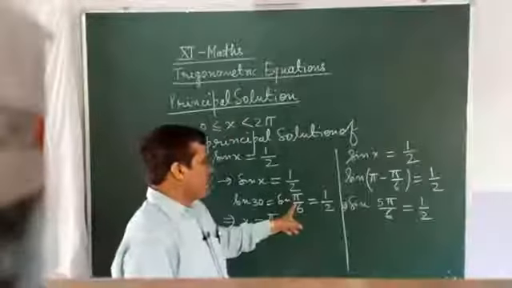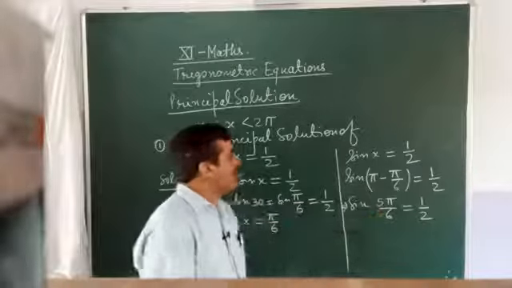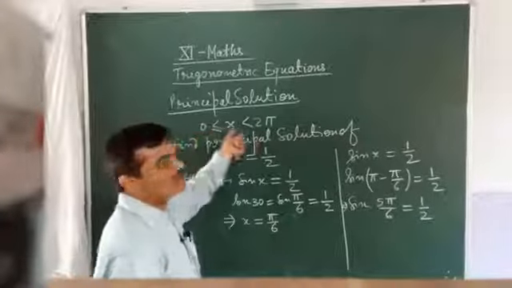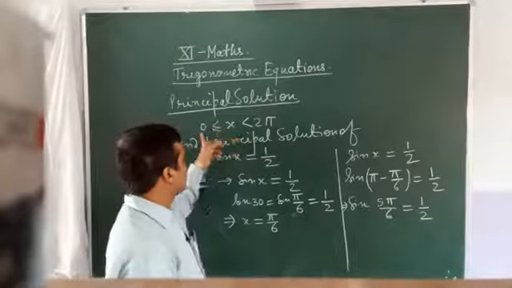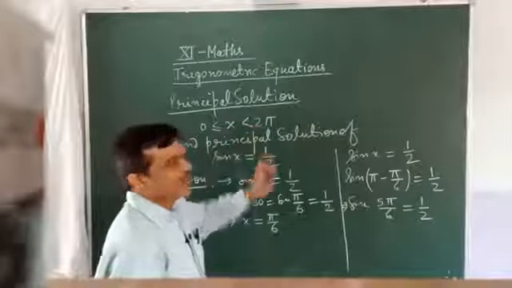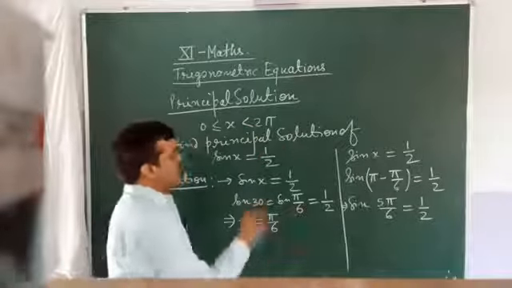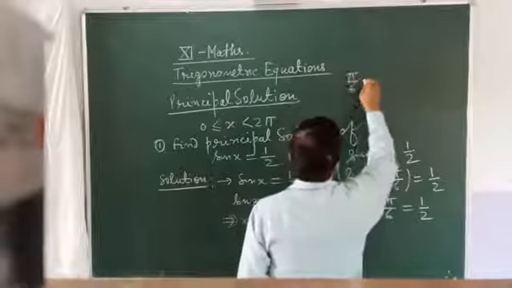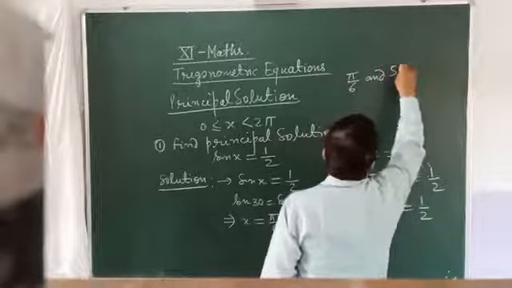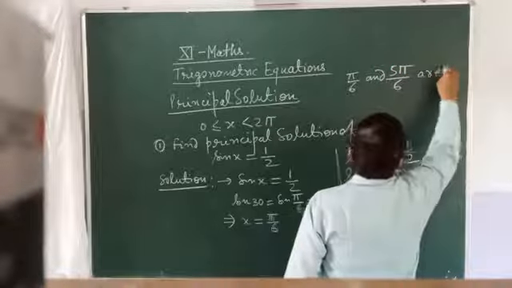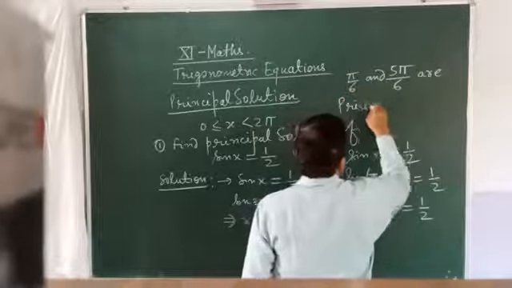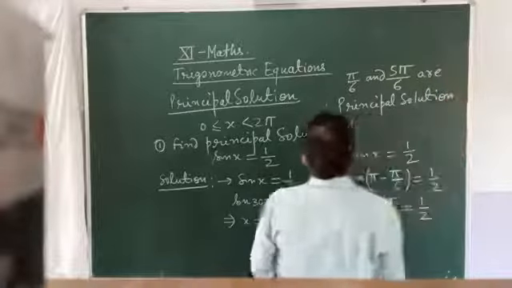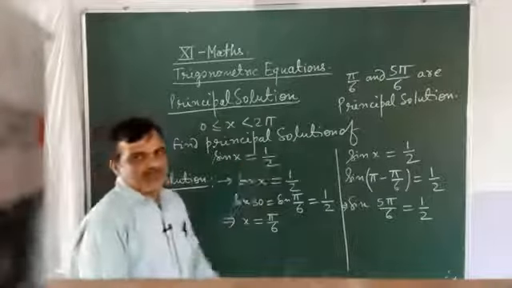These two angles, pi by 6 and 5 pi by 6, belong to the interval 0 is less than x is less than 2 pi. Therefore pi by 6 and 5 pi by 6 are the principal solutions of the given equation sin x equal to 1 by 2.